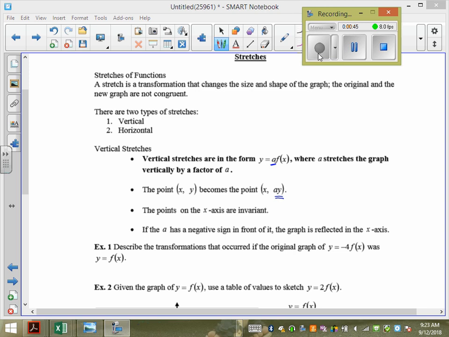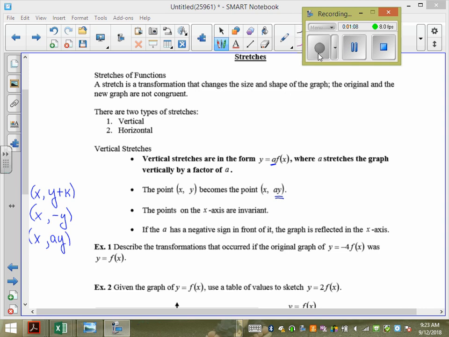So remember, when we had a vertical translation, we went y plus k, or y minus k. We agree? When we had a vertical reflection, or reflection in the x-axis, we went negative y. We agree? So if we have a vertical stretch, we are just going to go whatever it is, times y. You multiply them.